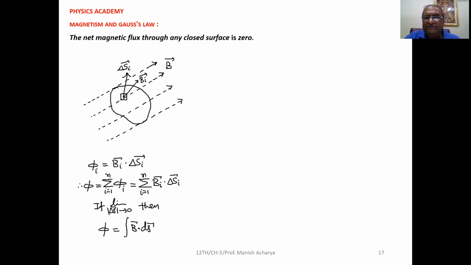Then we will get the resultant. The resultant, or net, flux passing through the given closed surface is the sum from i equal to 1 to n of phi i. This is the summation of the flux passing through all the infinitesimally small elements. So we can write sigma i equal to 1 to n Bi dot delta Si.